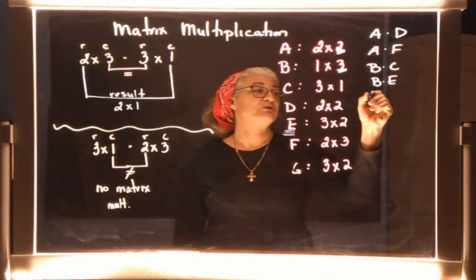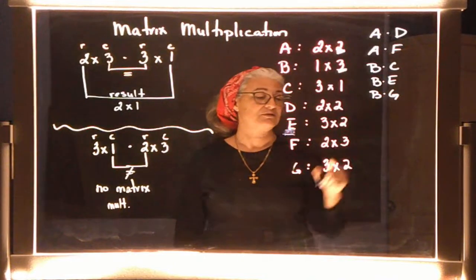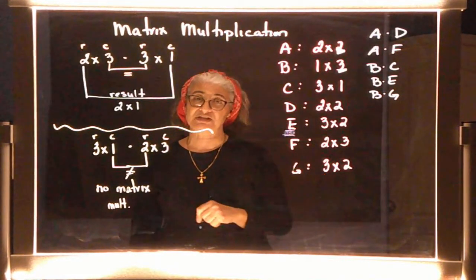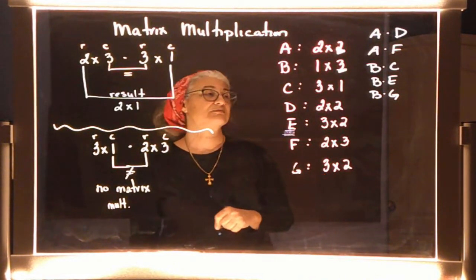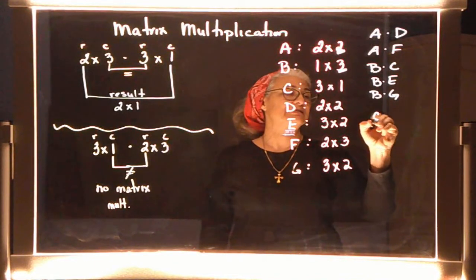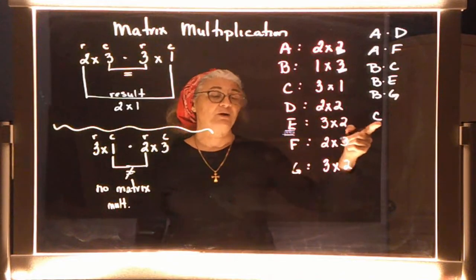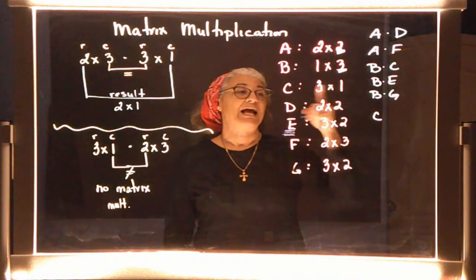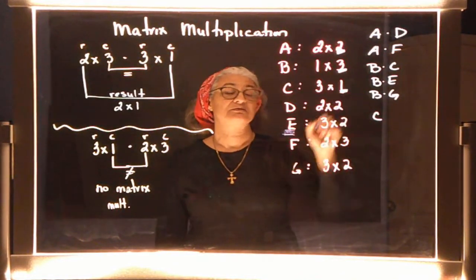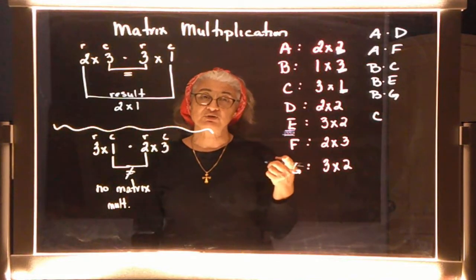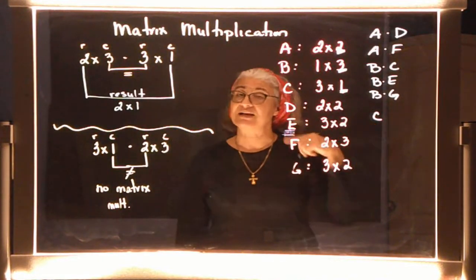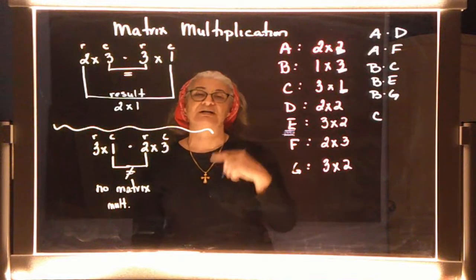But I could also do B times G, because it also starts with a 3, doesn't it? Good. Let's look at matrix C. Now, I want that one first, and it ends with a 1, which means whatever matrix I multiply with it, the second matrix has to start with a 1. Good.